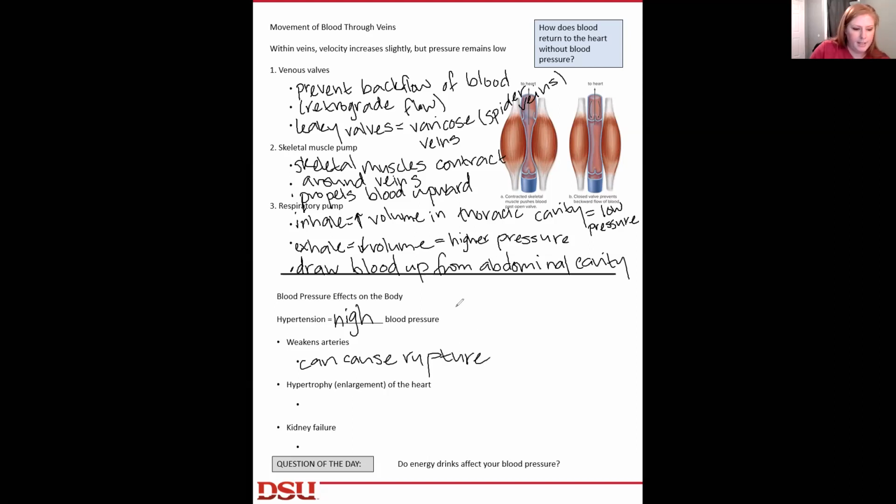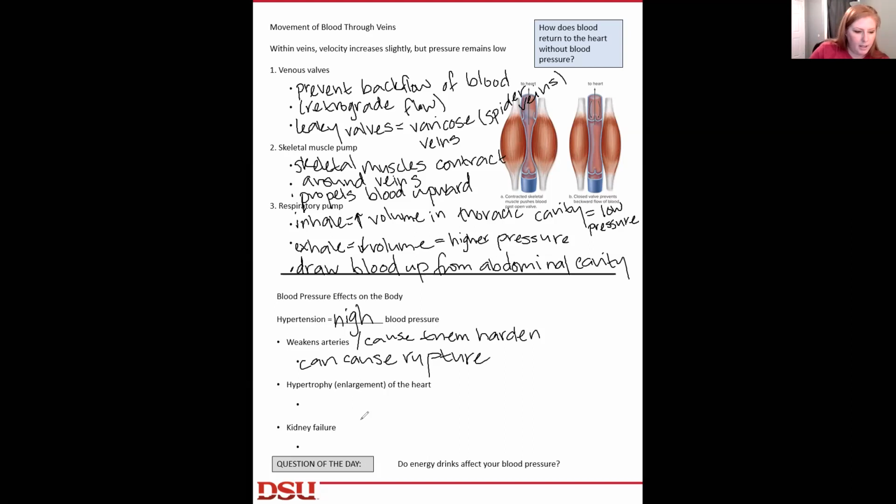One of the other things that it can do, it can also cause arteries to harden. So it can weaken them, but it can also cause them to harden, meaning that they've lost a lot of their elasticity. Something that's too rigid with that much pressure and velocity can rupture from that as well.